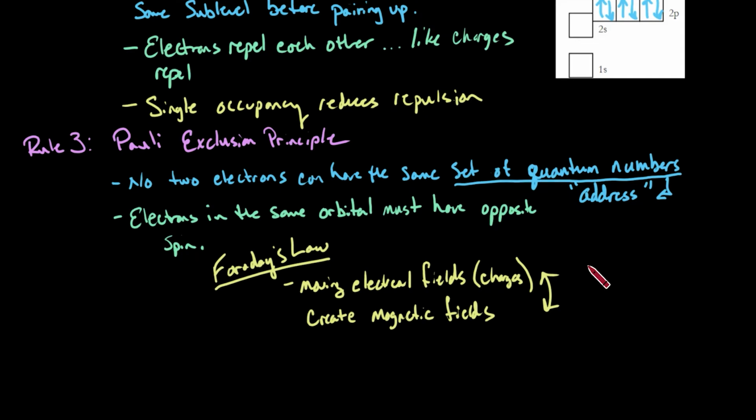And there are some really cool experiments. I'll show you guys a magnet traveling through a copper tube and how it floats through the copper tube. It's really cool stuff.